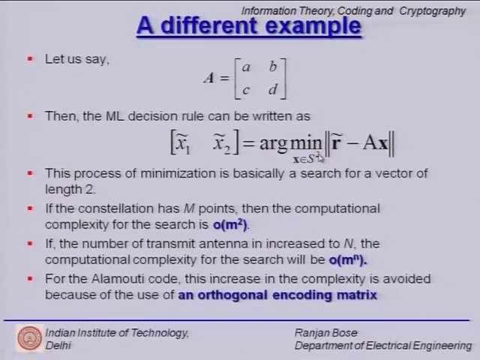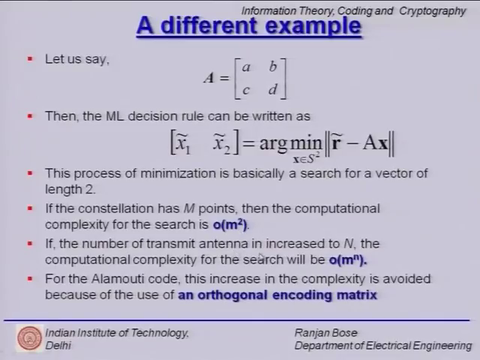Okay. So, now this process of minimizing is a search for a vector of length 2 as opposed to a single symbol search. So, if the constellation has m points, then the computational complexity of the search is of the order m squared.